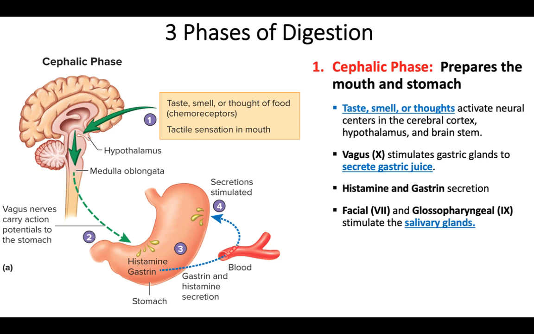And then don't forget the two nerves that stimulate the salivary glands, the facial nerve and glossopharyngeal nerve. So these three nerves all contain parasympathetic neurons, right? Parasympathetic is your rest and digest activities. So since we're activating digestion, this is parasympathetic stimulation.